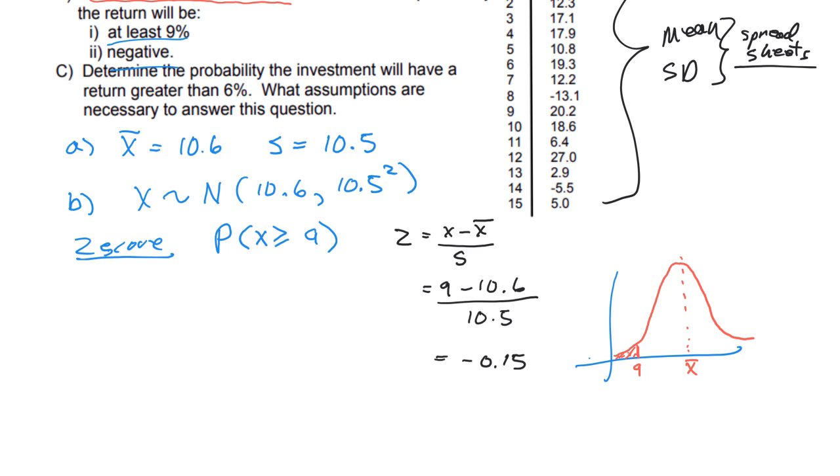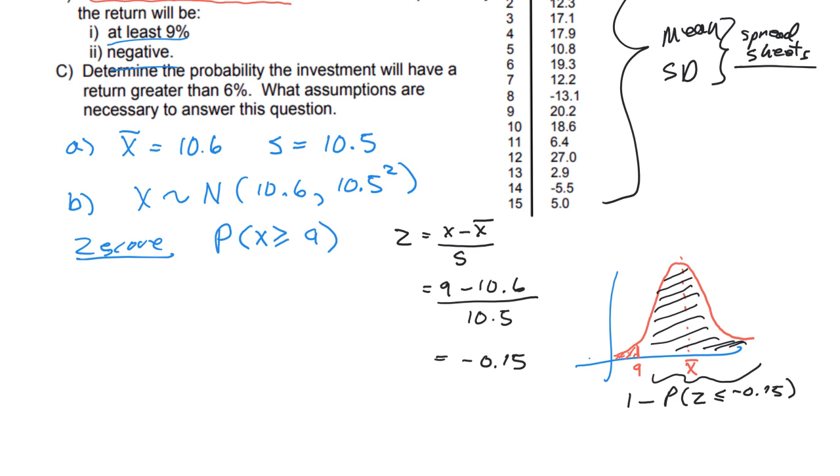So in order to get everything that is in this black shaded region, we have to do 1 minus the probability of our z value being less than or equal to negative 0.15. And that will give us what we're looking for to get this portion of our graph.